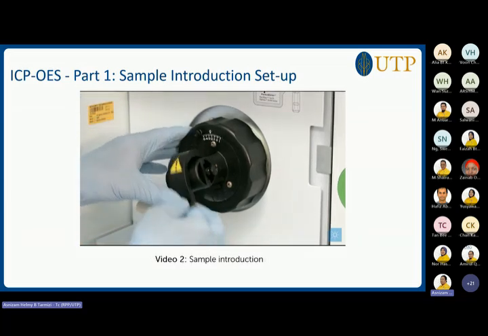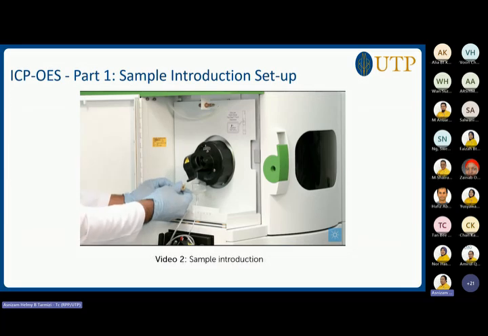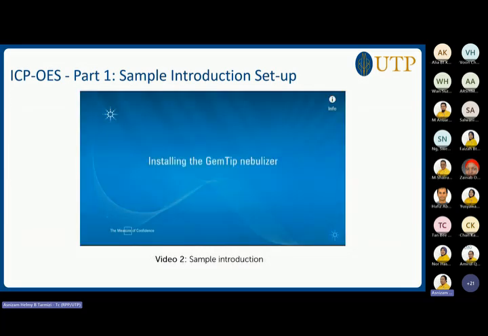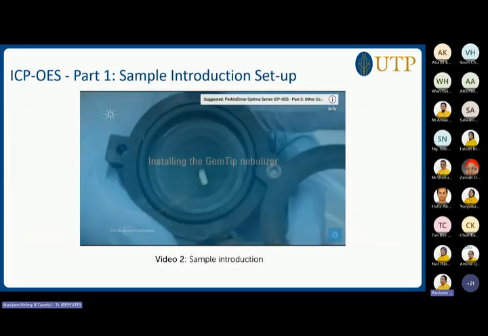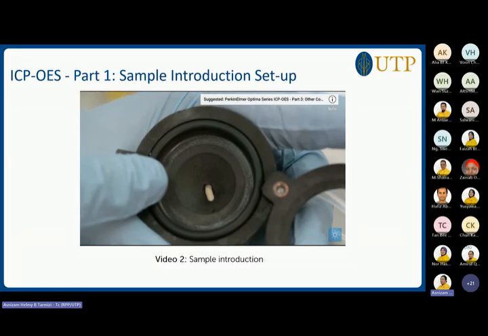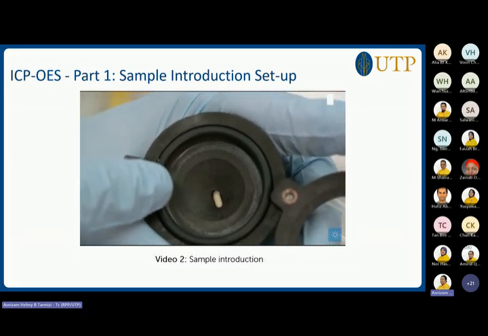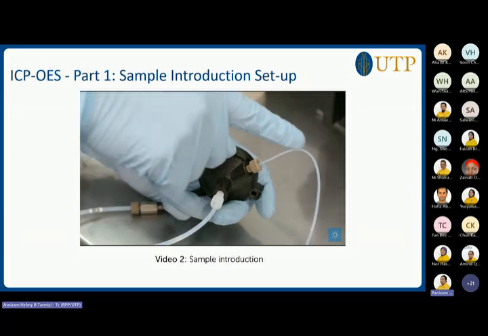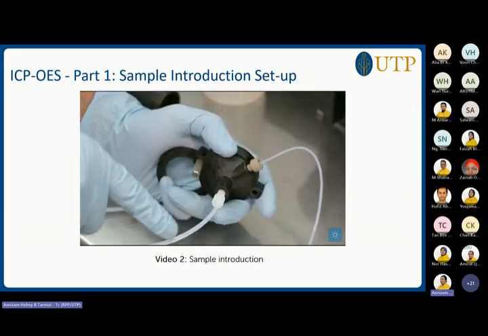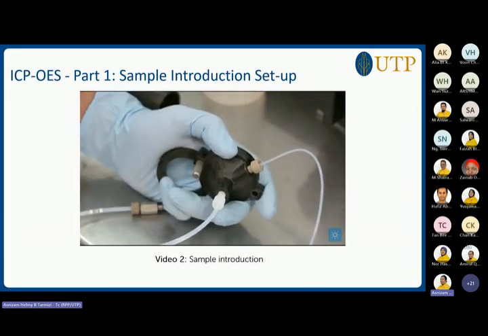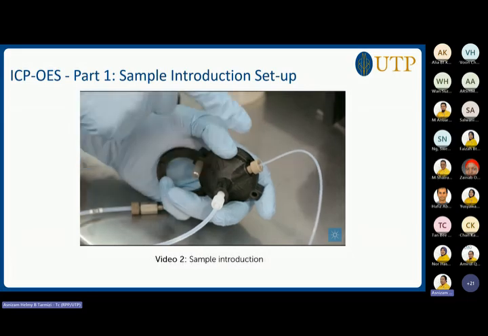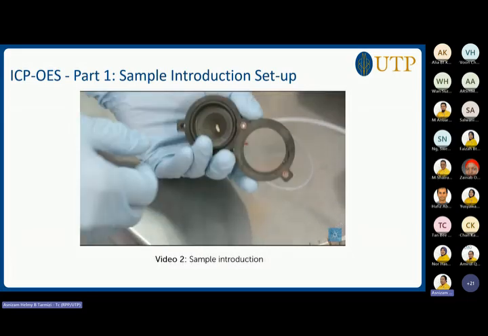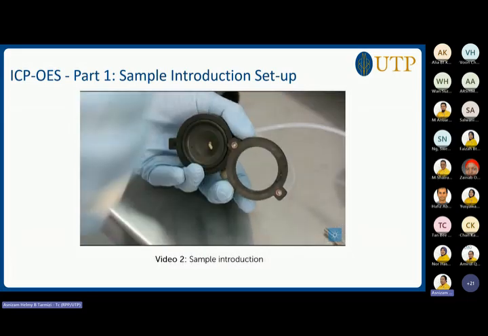Close and lock the securing clamp. Fit the nebulizer into the spray chamber. Examine the two gem tips in the end cap. Confirm that the tips are almost close to each other at 90 degrees. Confirm that the sample capillary tubing and the 1/8-inch OD tubing for the nebulizer gas flow are securely connected using the ferrule fittings. Moisten the O-ring.